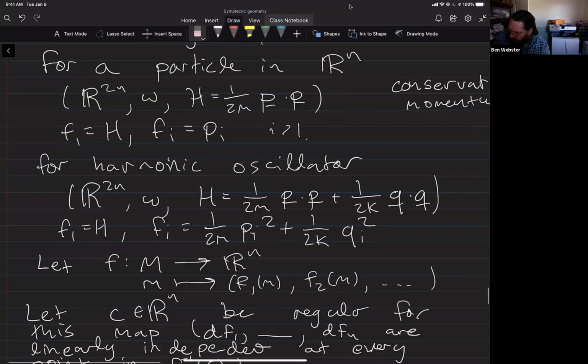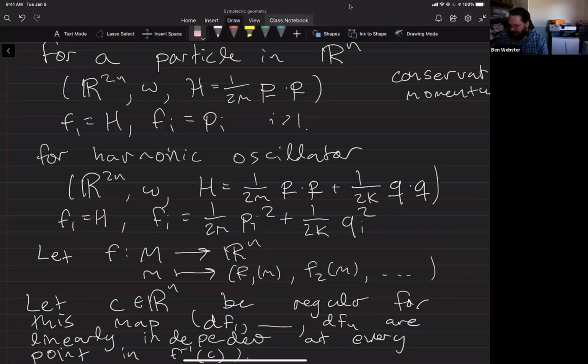On the other hand, with the harmonic oscillator, right, I have this slightly more complicated Hamiltonian that involves the square of the length of the momentum and the square of the length of the position. My potential energy increases with the square of my distance from the origin. So I can construct an integrable system here, but it's a little weirder.